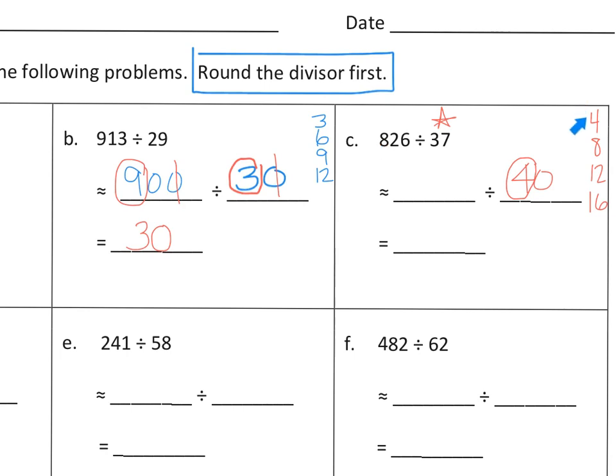Is 8 a basic math fact for 4? Yes, it is. So we're going to say 826 is close to 800 because 8 divided by 4 is a basic math fact. 8 divided by 4 is 2. And then you cross off your 0 in 40 and one 0 in 800. So the quotient is going to be 20.